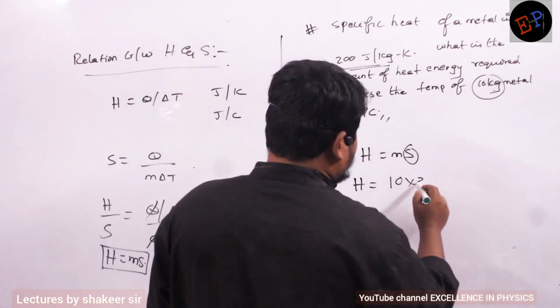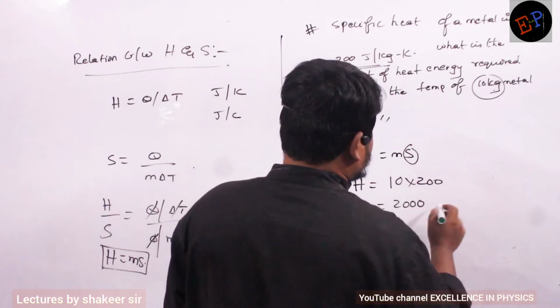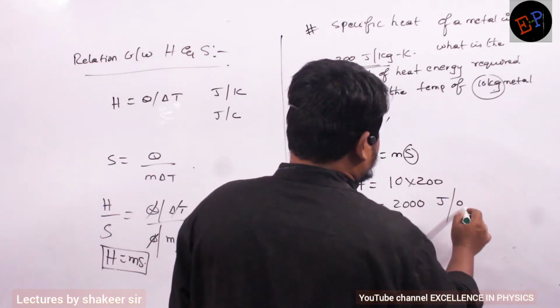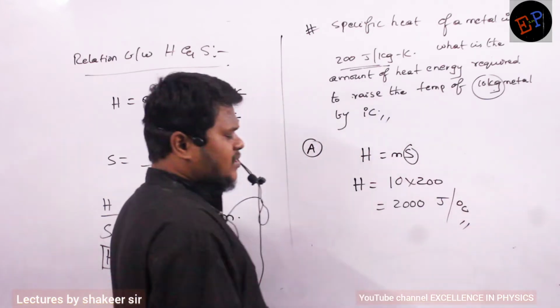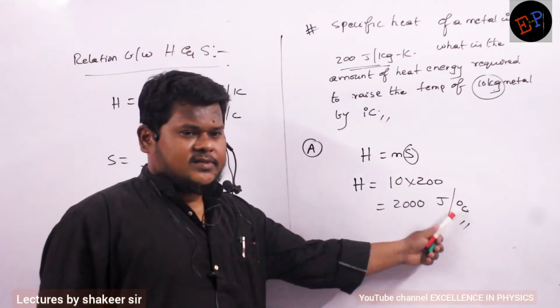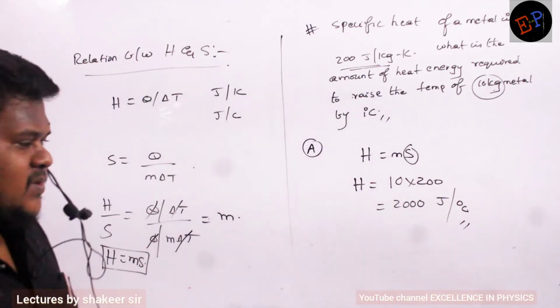So it is nothing but 200. So therefore 2000 joules per degree Celsius or degree Kelvin. It means to raise the temperature by 1 degree Celsius, you have to supply 2000 joules of energy.